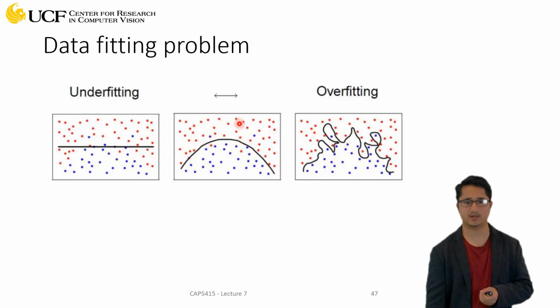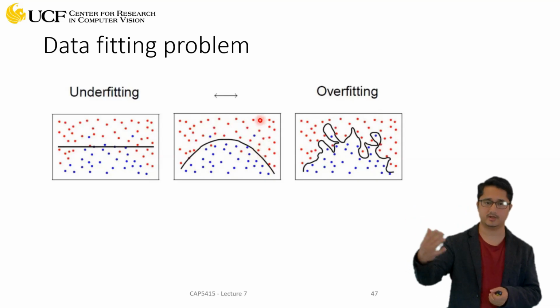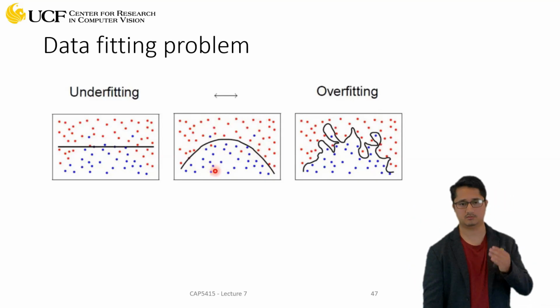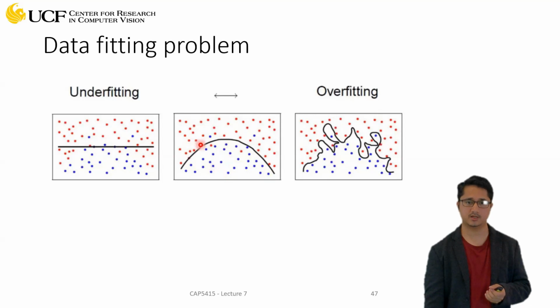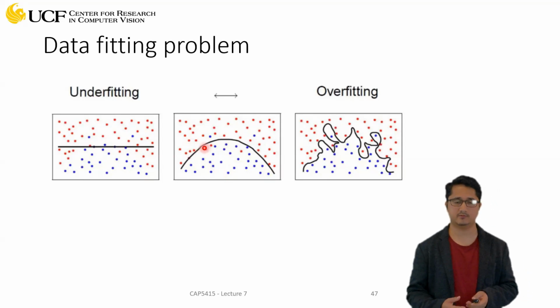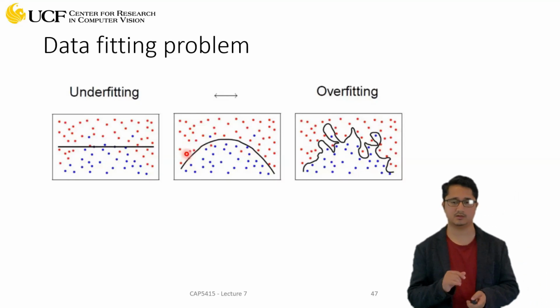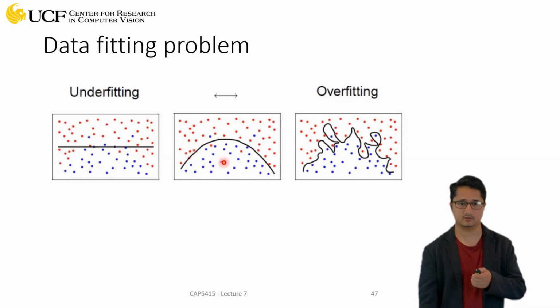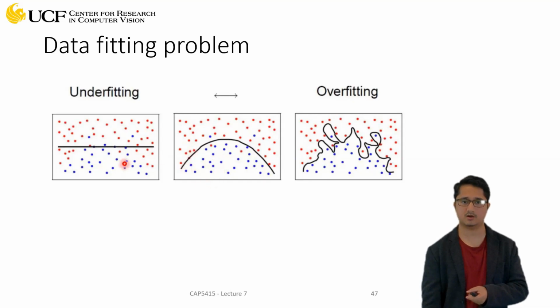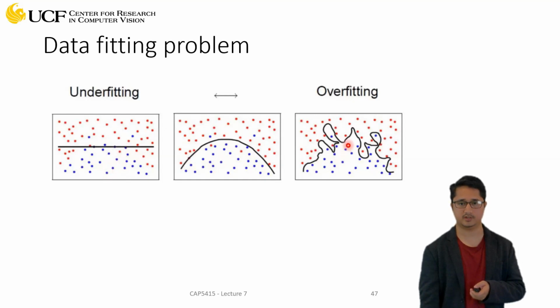If you pick any red point on top of this curve, it's going to be red. And if you pick any point towards the blue, it's going to be blue. The challenging cases will be the boundary cases, which is fine. That's challenging even for humans. Okay, so that's what underfitting and overfitting mean. And you should now be able to understand how the number of parameters relates to underfitting and overfitting.